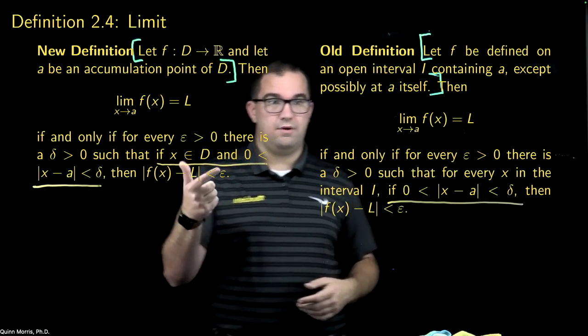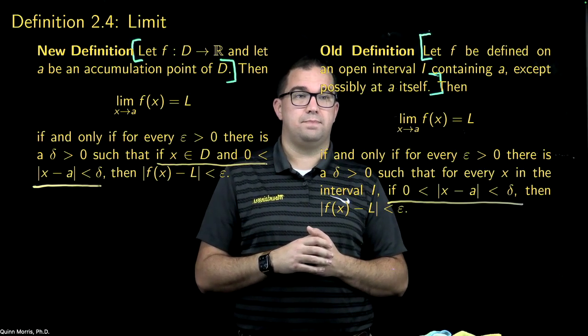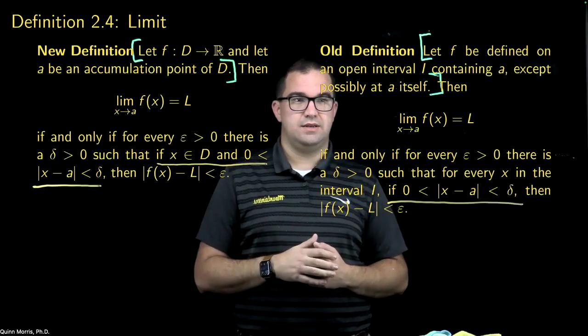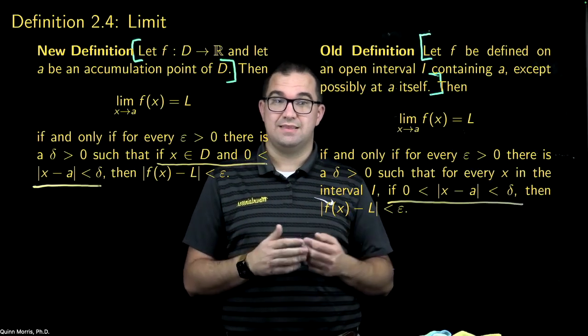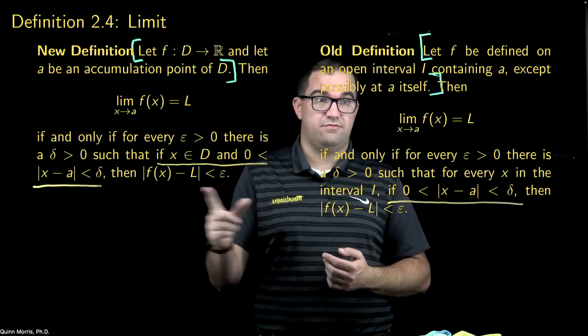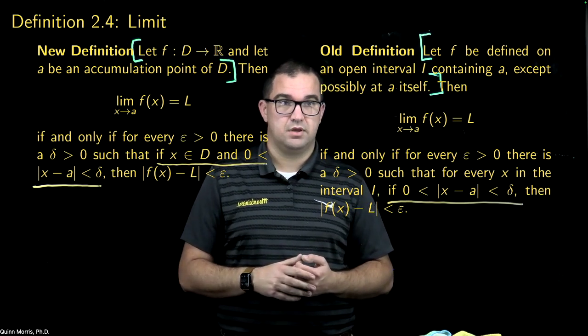Over here, however, because you've relaxed the conditions on a and on the function f, we need to add this additional condition down here to specify that we only want to check the x values that are actually in the domain. If x is not in the domain, f of x won't be defined down here, and it'll be impossible to satisfy this condition. Okay.